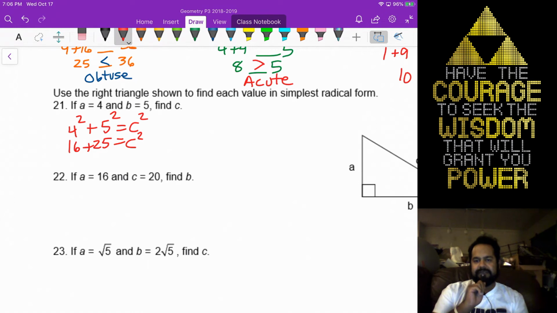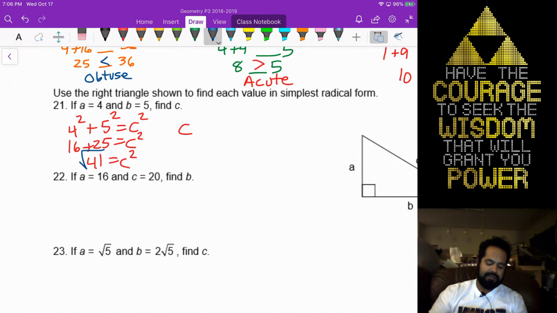So let's see here. 16 plus 25, that should give us a nice 41. Now if I try to get C by itself, we're going to need to take the square root. So then C is going to equal the square root of 41.